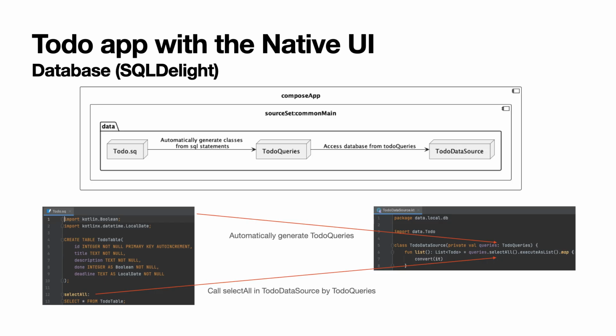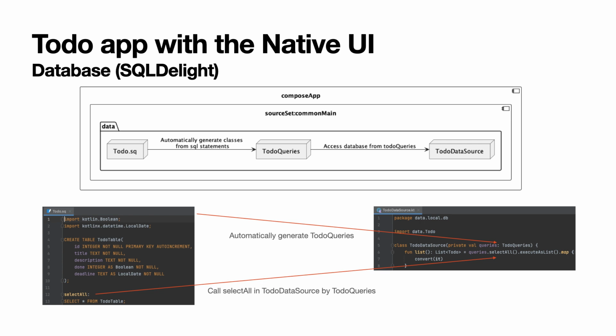Let's take a look at the actual code. The implementation of SQLDelight is done entirely within the commonMain source set of the composeApp. You write SQL statements in Todo.sq. A Kotlin class file named TodoQueries is automatically generated.